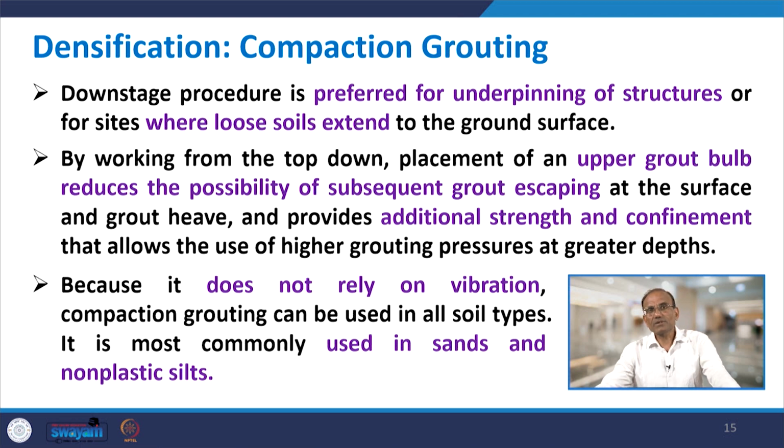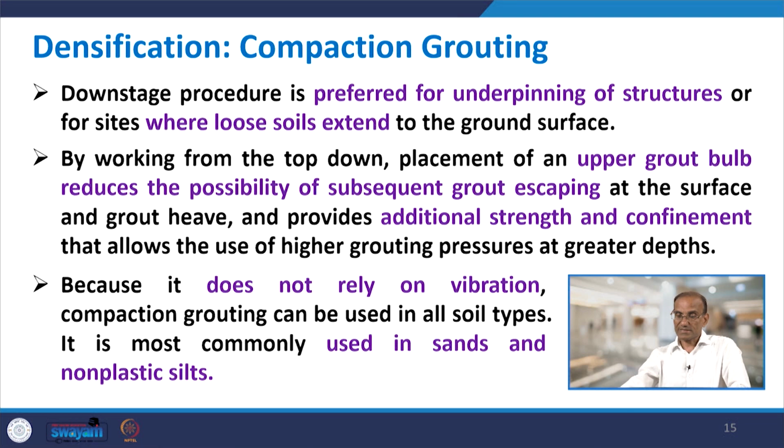By working from the top down, placement of an upper grout bulb reduces the possibility of subsequent grout escaping at the surface. So, once we have prepared this upper grout bulb, chances are that the grout may not escape when you start filling continuously.